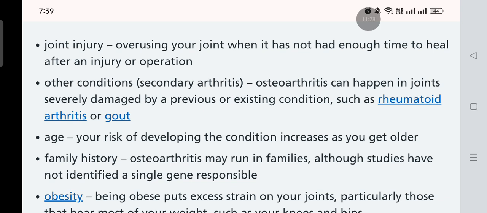Other conditions: secondary arthritis. Osteoarthritis can happen in joints severely damaged by a previous or existing condition such as rheumatoid arthritis or gout.